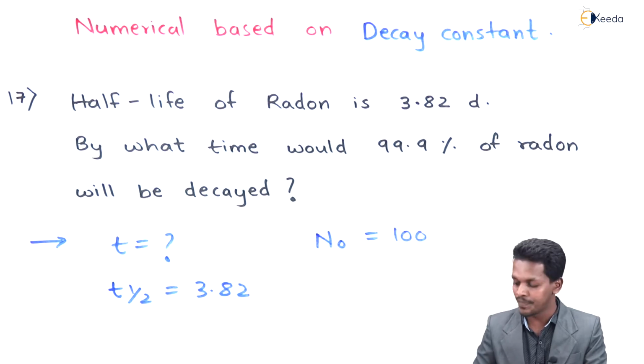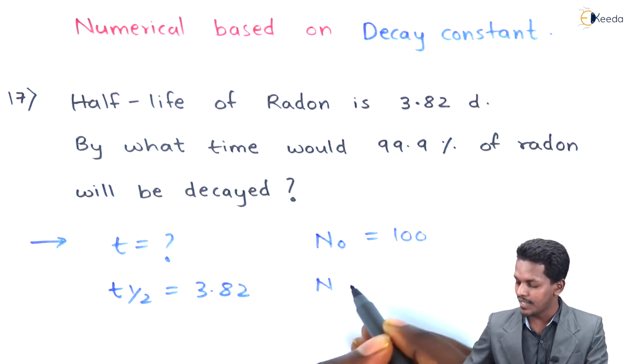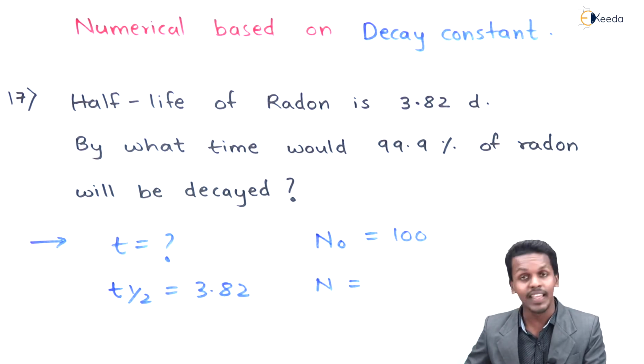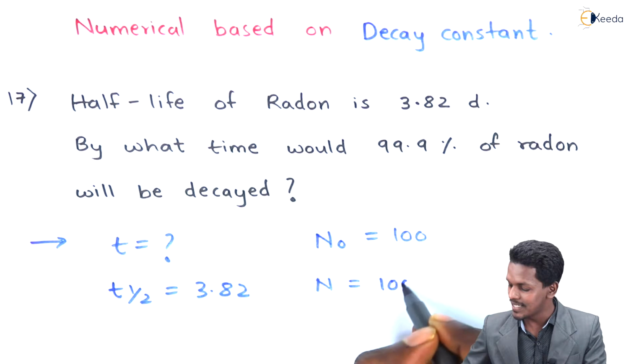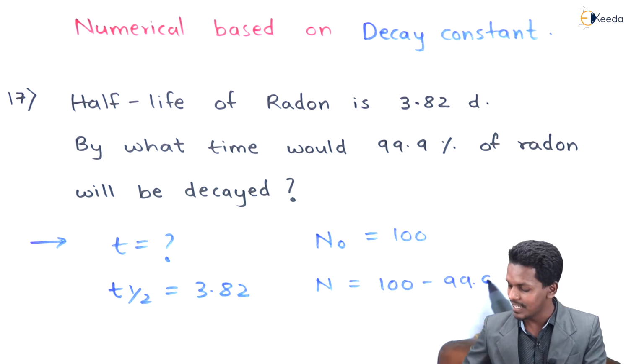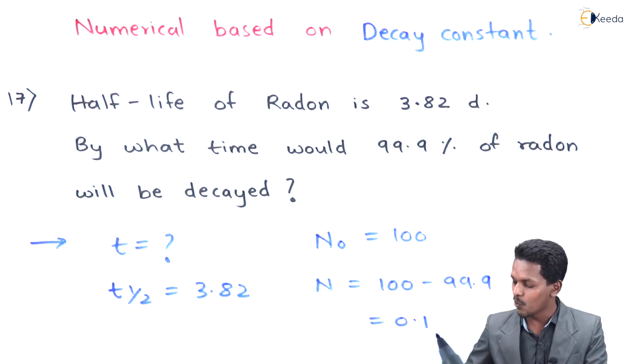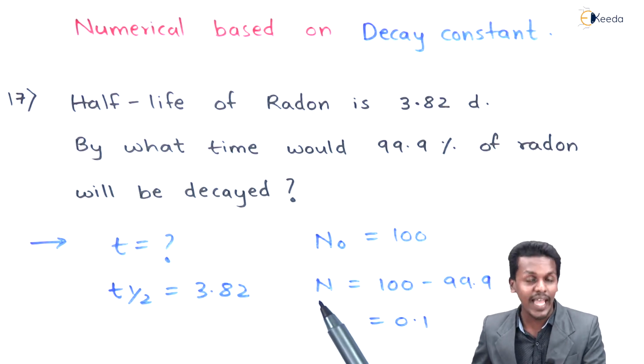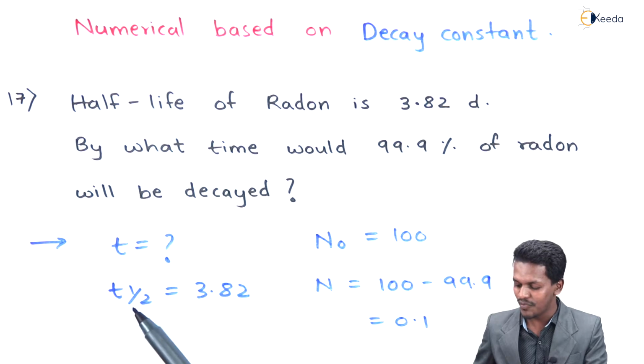If 99.9% of the radon has decayed, then the amount left is 100 minus 99.9, which is 0.1%. So here we have the value of N naught, the value of N, as well as the value of T half.